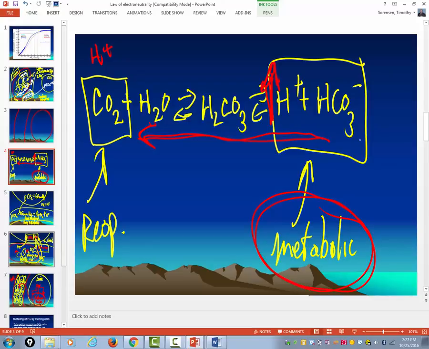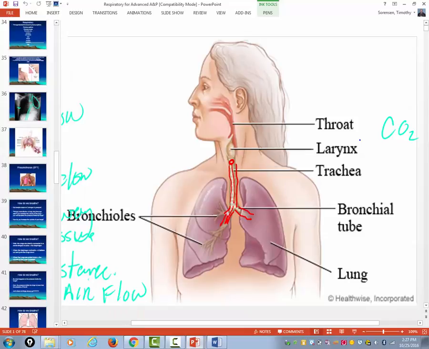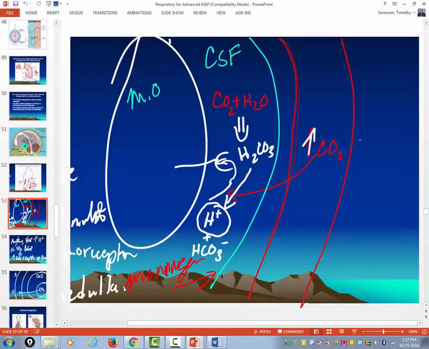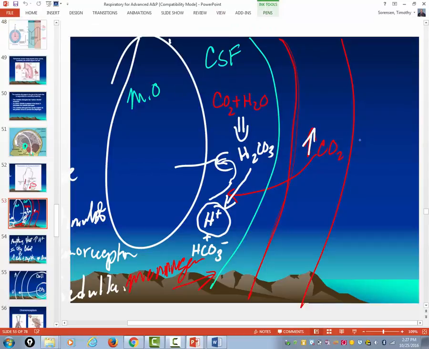If you recall, I explained to you that indirectly it's carbon dioxide, but directly it's hydrogen ions. So as the pH begins to drop due to that diabetic ketoacidosis, well, I'm sorry, the pH is dropping, not the amount of hydrogen ions.